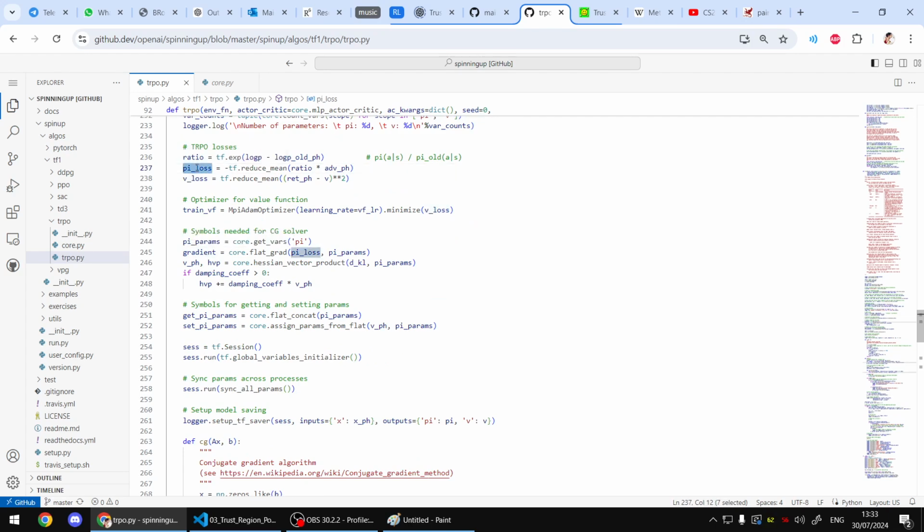Yes, in fact, we don't calculate the gradient explicitly like I've shown you, and I said that we just formulate an objective function. We calculate the gradient of this objective function.